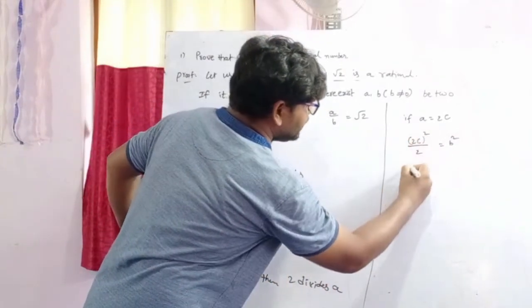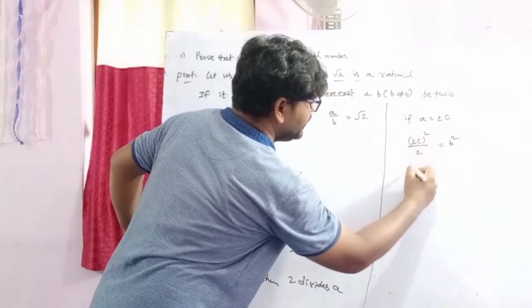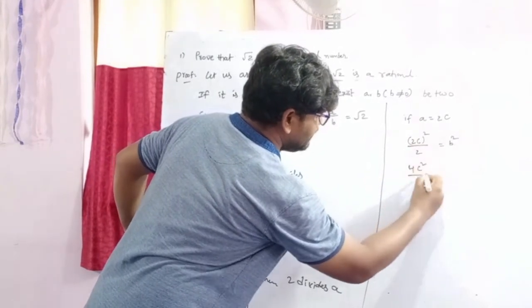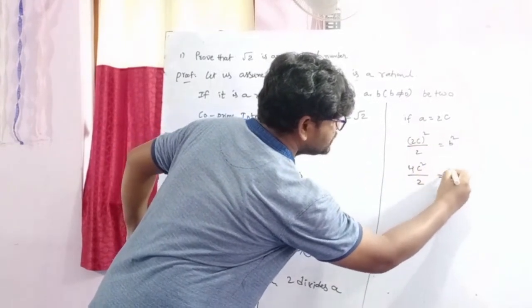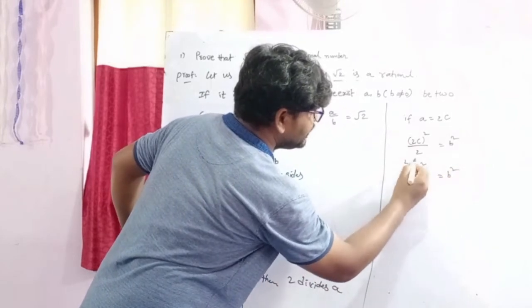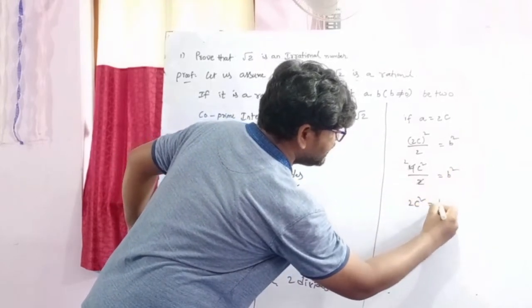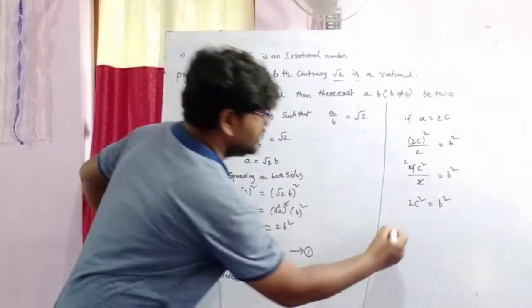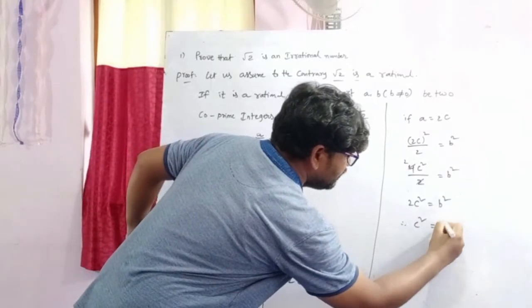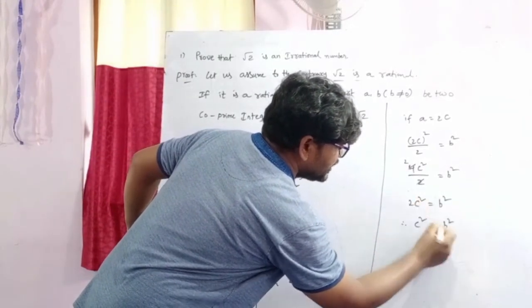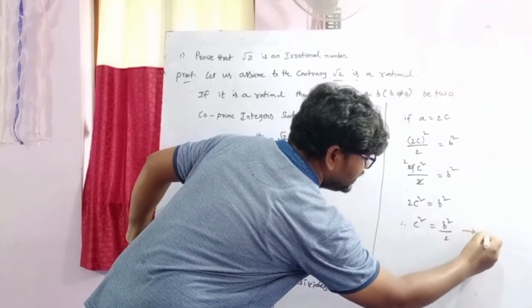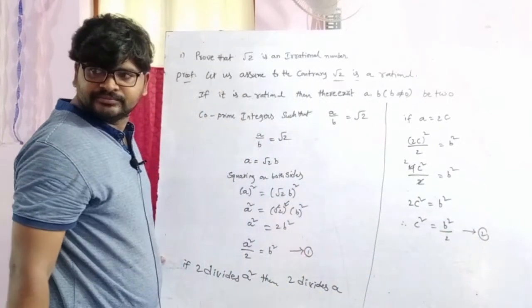So 2 square equals 4 into c square. So 4c square by 2 equals b square. Here 2c square equals b square. Therefore c square equals b square by 2, where 2 is multiplication, going to the side, divided by. This is equation number 2.